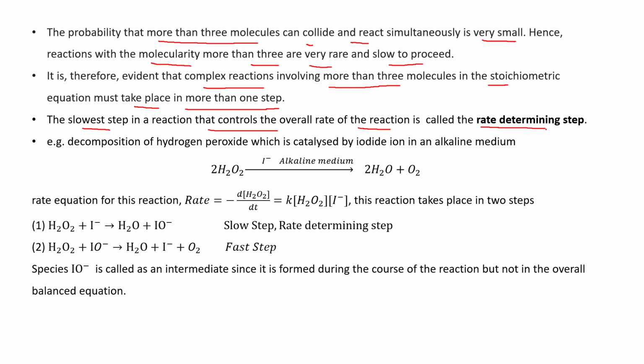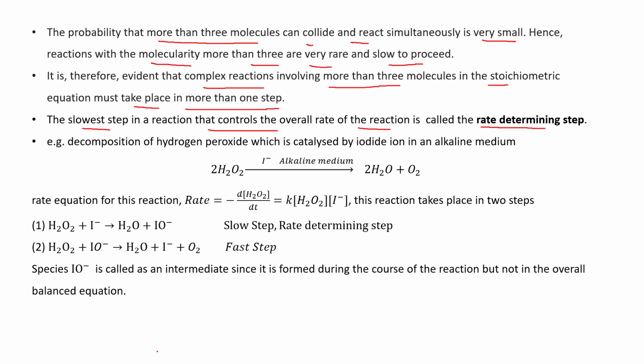The slowest step controls the rate of reaction. This can be compared to a relay race. How much time the race will take is decided by the person who runs slowest. That's why the slowest step decides the rate of reaction, and that is called the rate determining step.